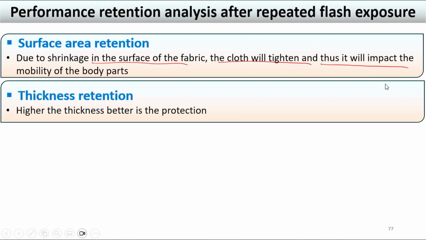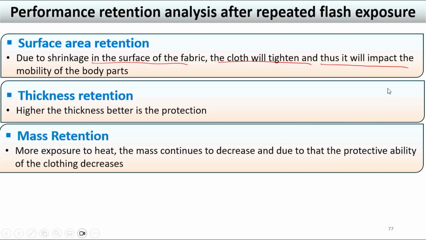Thickness retention: the higher the thickness, the better the protection, which we have discussed. Mass retention: with repeated heat exposure, mass continues to decrease, and due to that the protection level of the clothing reduces.